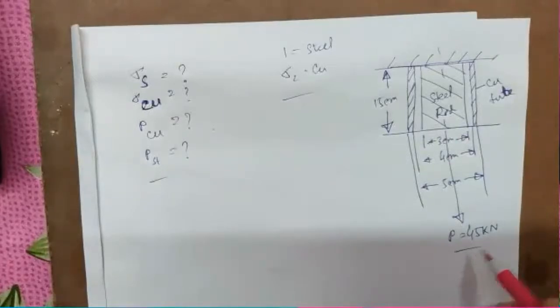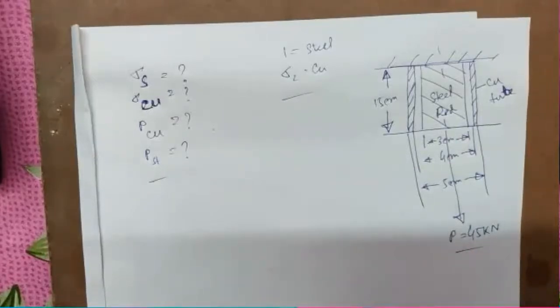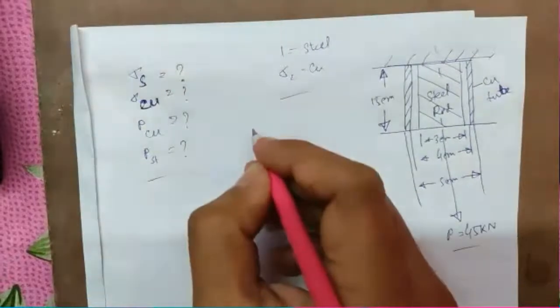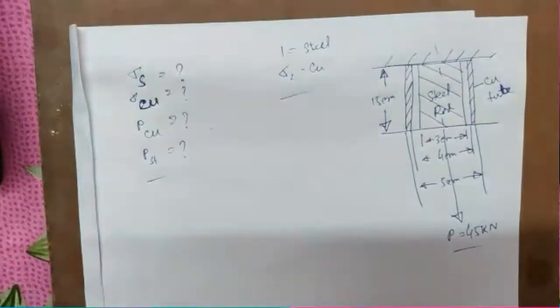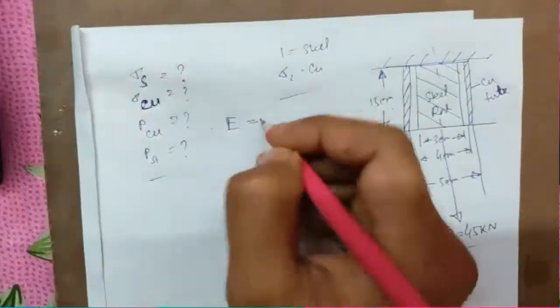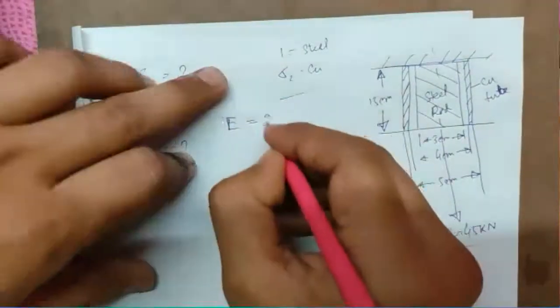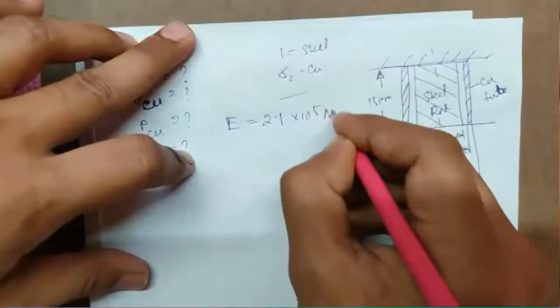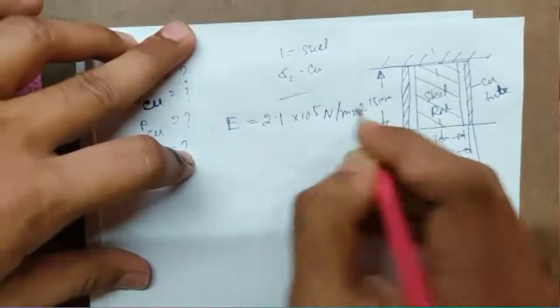So our job is to convert all of these into a single unit, where E is also given as 2.1 into 10 to the power 5 Newton per mm square for steel. For copper, the elastic modulus is 1.1 into 10 to the power 5 Newton per millimeter square.